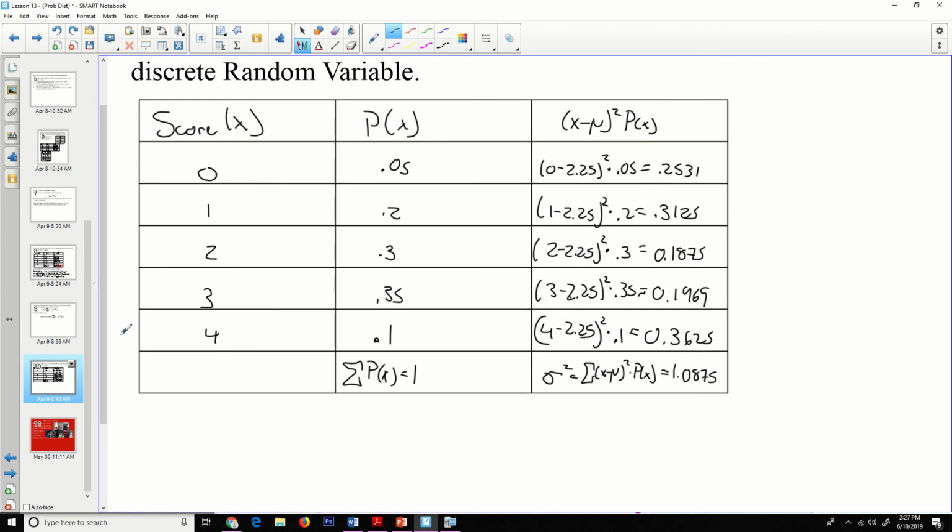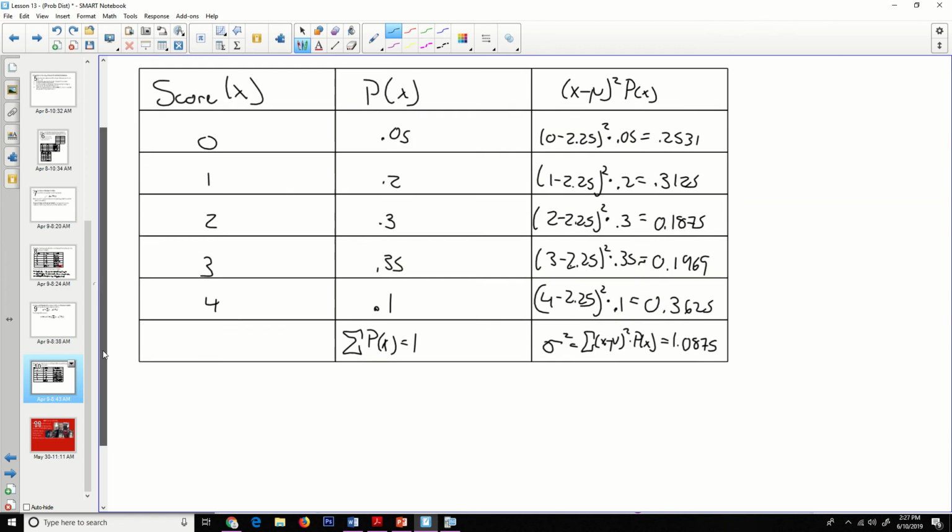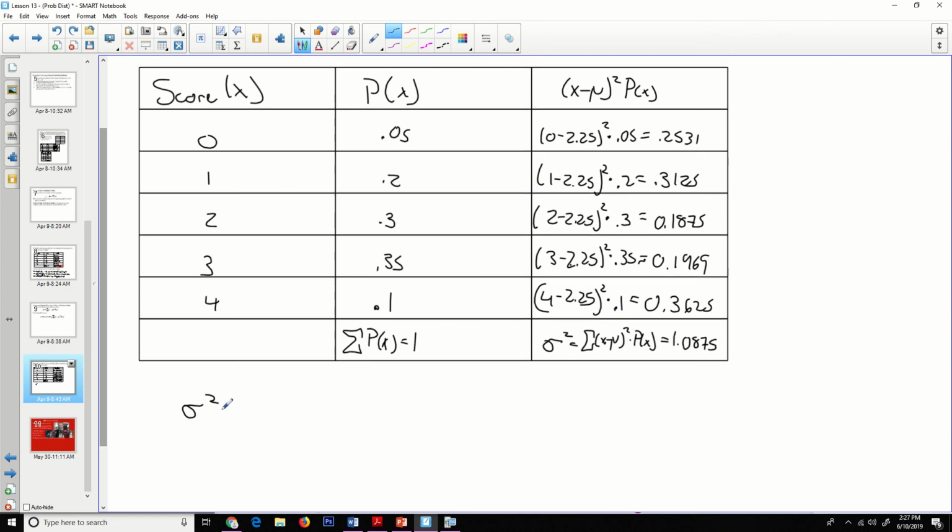And so that is my variance, sigma squared equals 1.0875. And if I take the square root of that, my standard deviation, the square root of the variance, which is the square root of 1.0875, turns out to be, if you put it in your calculator, 1.0428.